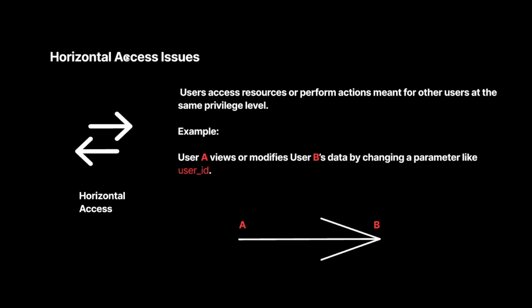Next is horizontal access issues. This is when users on a specific platform or application are able to perform actions that are for other users on that same privilege level. So say for instance, user A views user B's data by changing a parameter like a user ID.